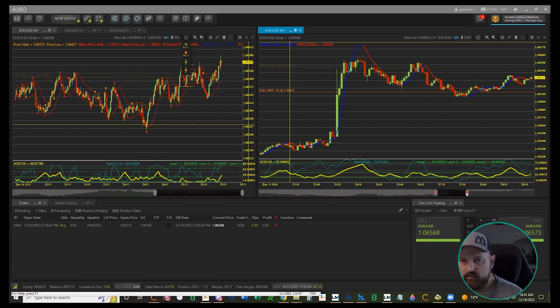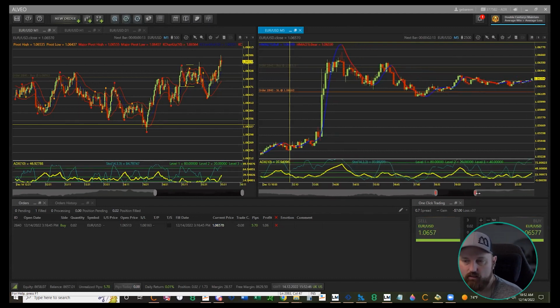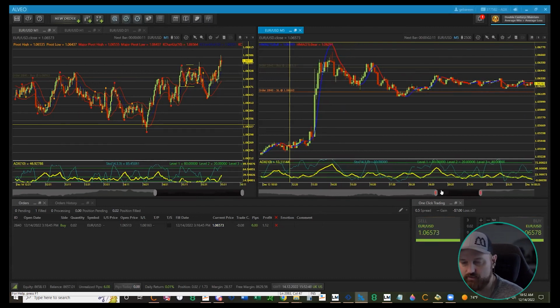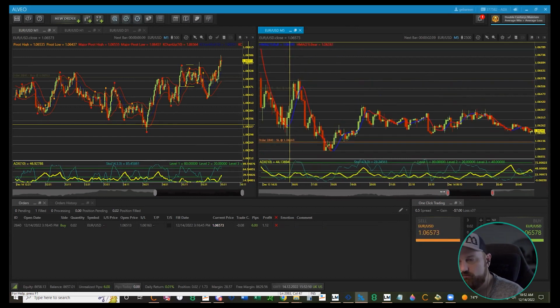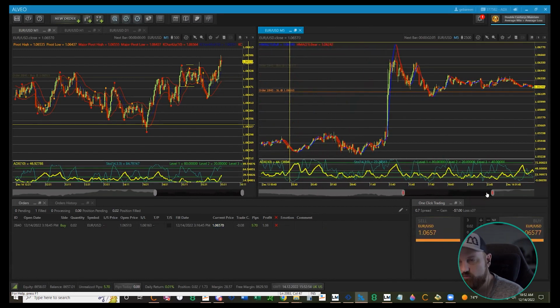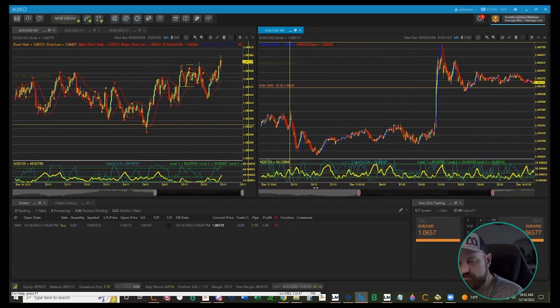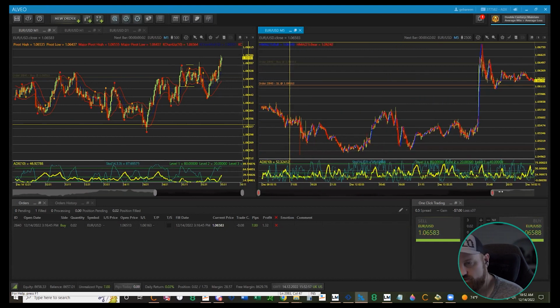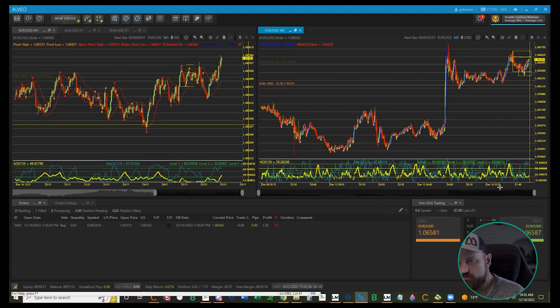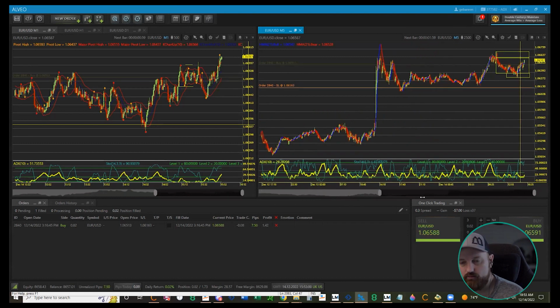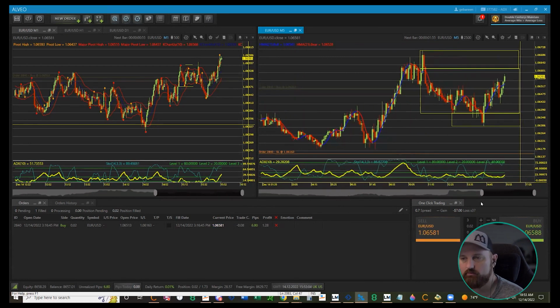But again, let's widen up that 5, because right here is a case in point to what I was talking about earlier. Let's just widen it all the way out so I can see where we're currently trading, and you can zoom into the current setup right here. Okay, so remember I said if it crosses this, then this is where you should be a buyer, right?